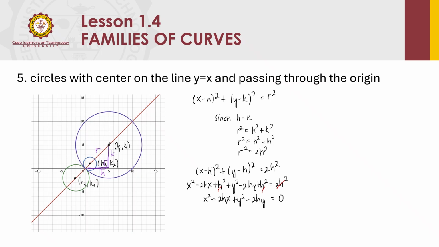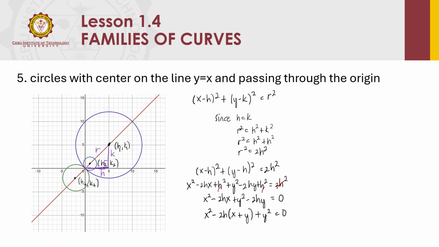If we isolate h, we get x squared plus y squared minus 2h, since this also has a factor of 2, times x plus y for the second factor. Take note that this is minus, so if we place subtraction here, the sign changes from negative to positive.